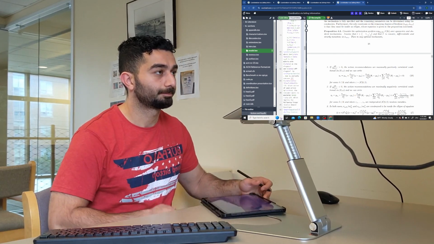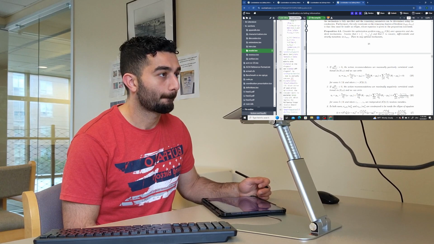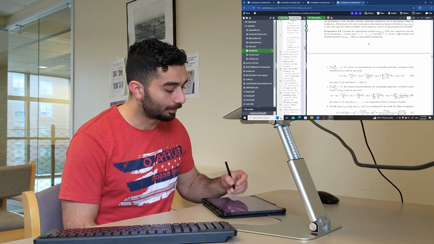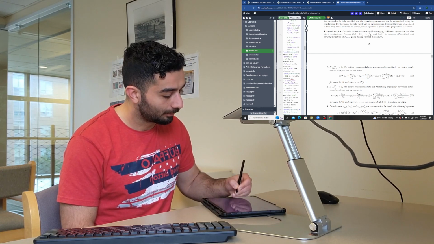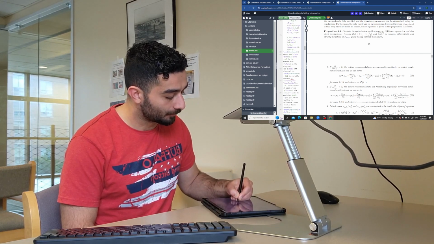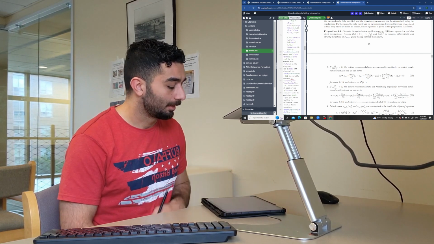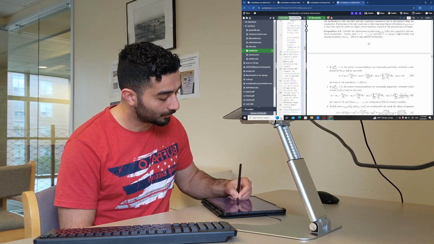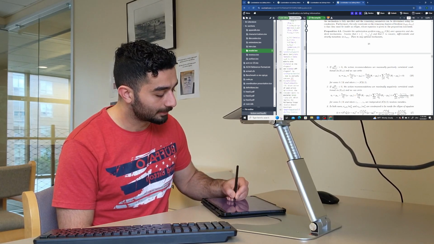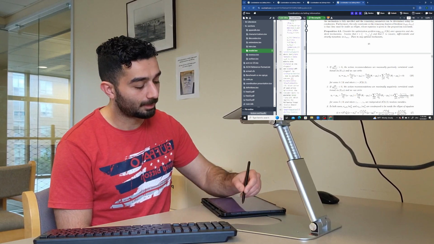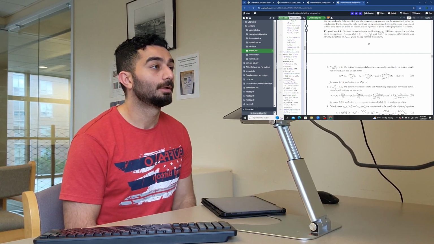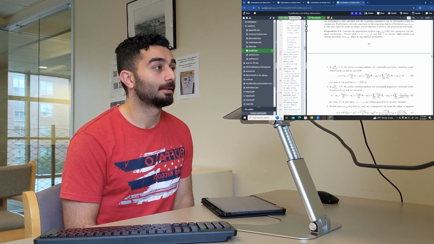Minus r eta n minus 1. So eta is positive, n minus 1 is positive, r is negative, so the whole thing will be positive in general. So we are in the first case.